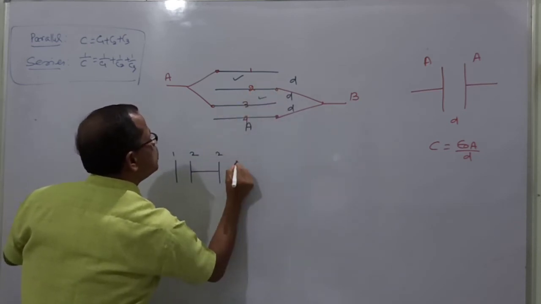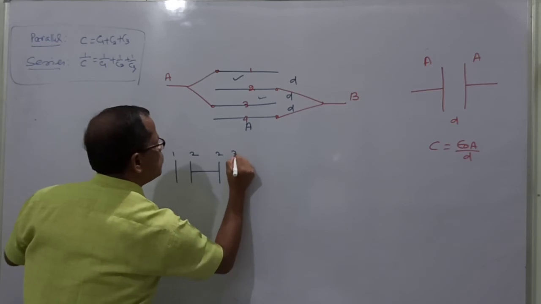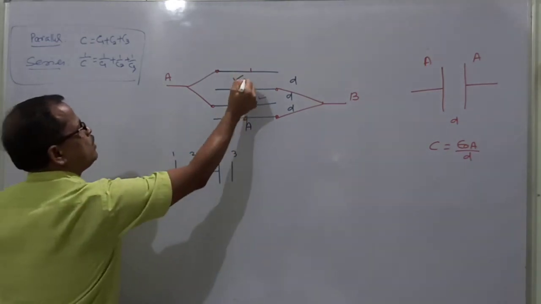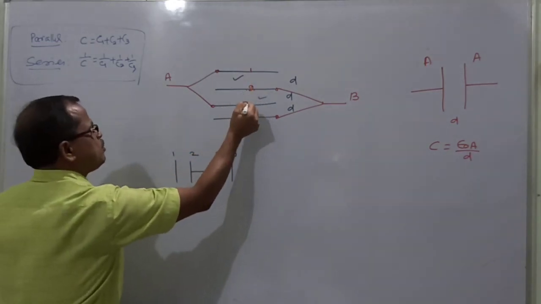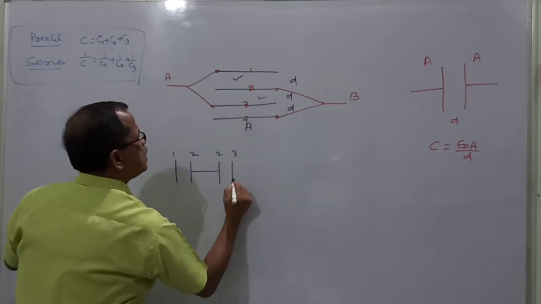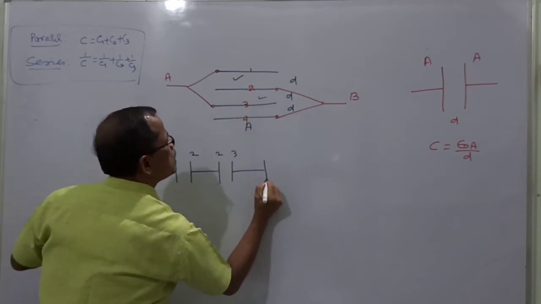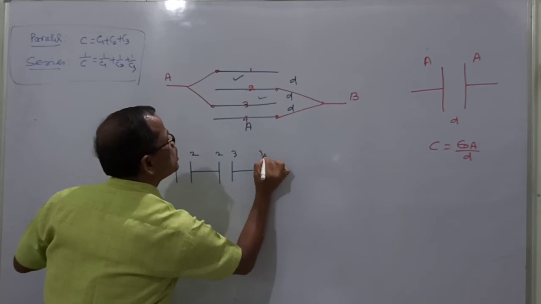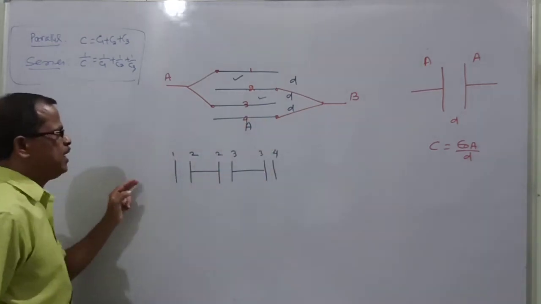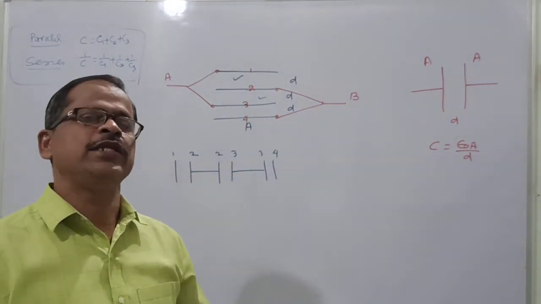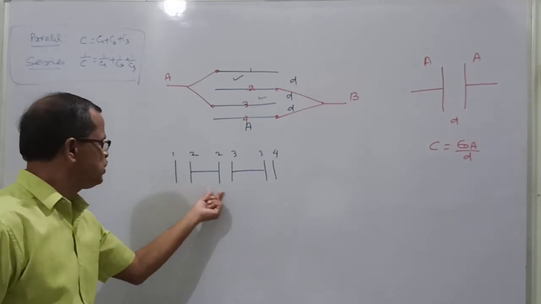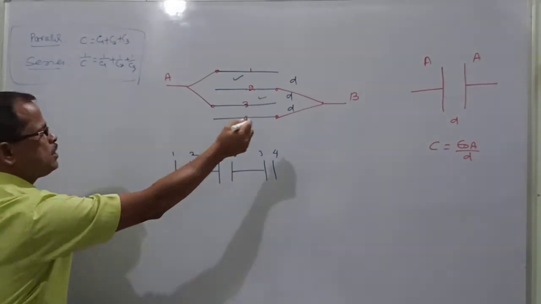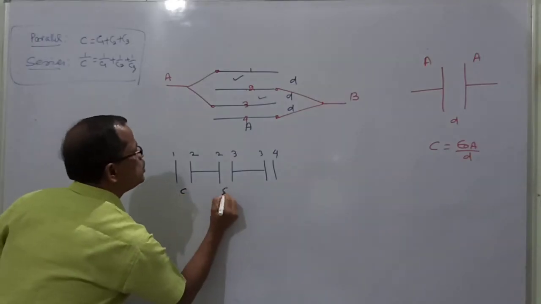Again, plate 3 and plate 4 will make another capacitor. This plate number is 4. Okay, I am getting 3 capacitors. This one, this one, this one. All capacitors have the same value, C.